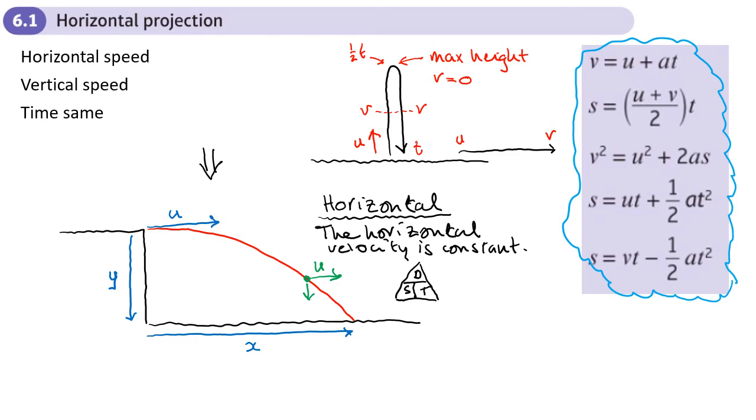Now the vertical velocity changes. So if we look at what's going on in the vertical, that changes, and the reason it's changing is because we have gravity, that acceleration going down.